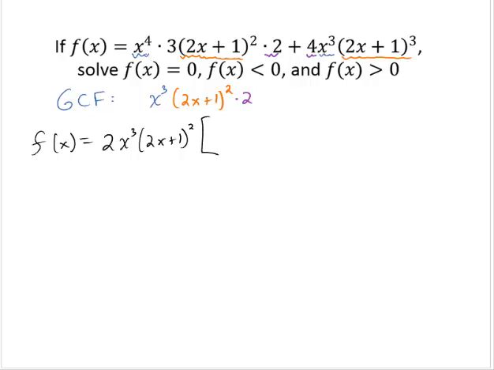So now let's see, from the first term, there was a remaining factor of x, because I had an x to the fourth, and I've already taken out an x cubed, and there was a remaining factor of 3. From the second term, there's a factor of 2 remaining, because there was originally a 4, but I factored out a 2, and there's a 2x plus 1.